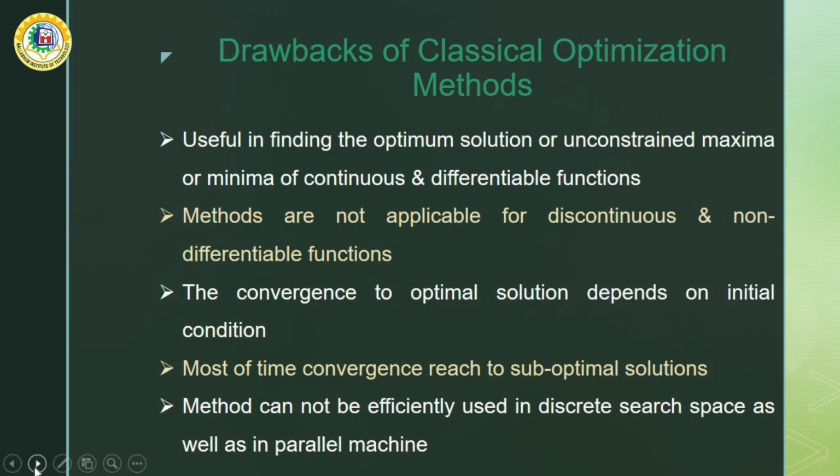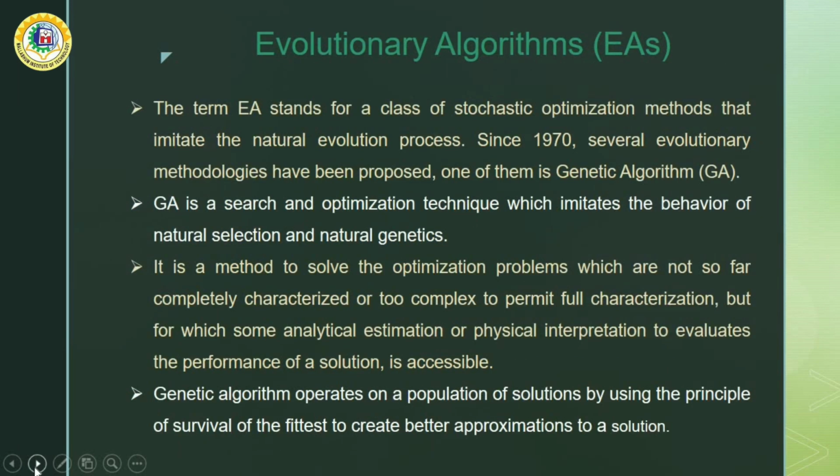So in this regard, evolutionary algorithms were developed to solve optimization problems. The term EA stands for a class of stochastic optimization methods that imitate the natural evolution process. Since 1970, several evolutionary algorithms have been proposed, and the genetic algorithm is one of them. GA is basically a search and optimization technique which imitates the behavior of natural selection and natural genetics.